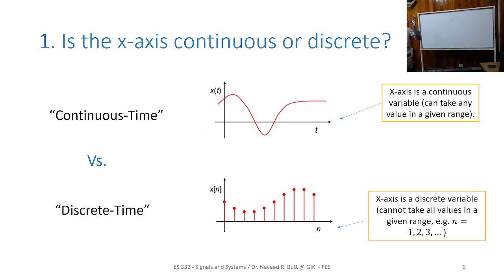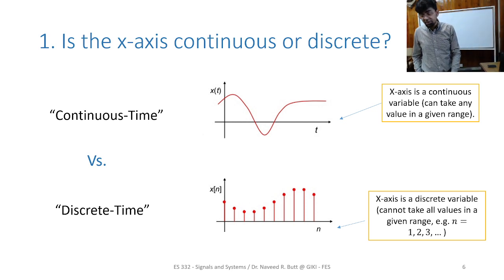If your answer is no, the x-axis is discrete, then the class of signal or process you're working with is discrete time. The word time emphasizes that we're talking about the x-axis, but as I've already said, it doesn't have to be time, it can be people, it can be space, so many other things.